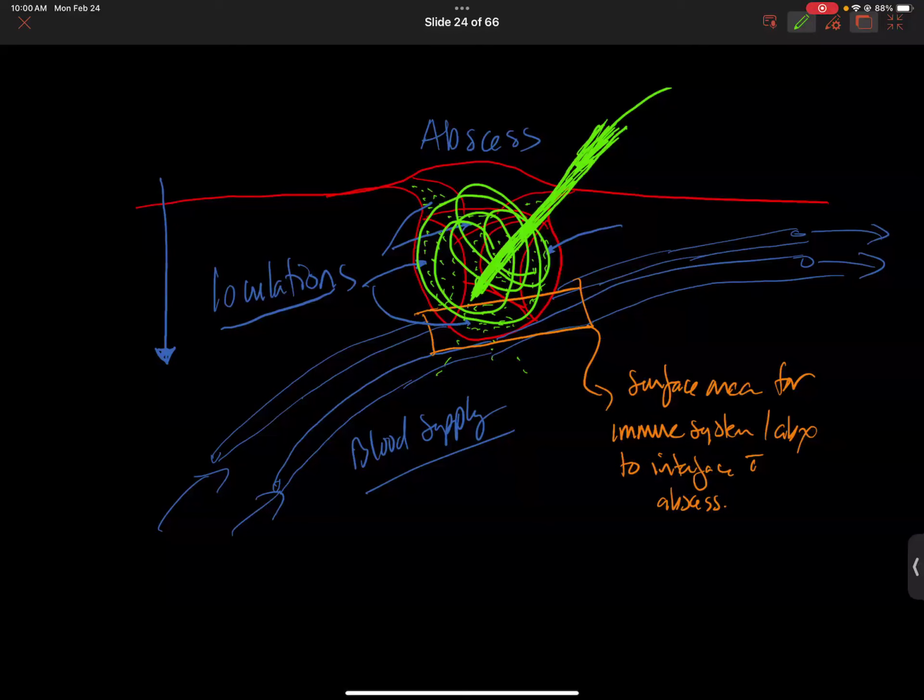And as a result, when you get a bigger abscess, you only have so much space where the blood supply will interface with the abscess. And since you have limited access to the abscess from the blood supply, it makes it hard for antibiotics to penetrate at any appreciable concentration. Antibiotic will get in there, but is it going to be enough? Are you going to get the antibiotic concentration up high enough in the abscess to treat it?